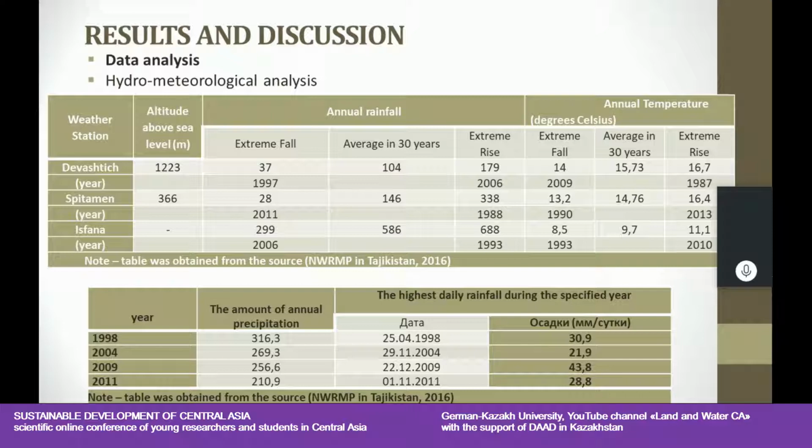In hydrometeorological analysis, we have found the extreme rainfall in the average of 30 years, and the same findings in temperature cases. Also from the nearest hydrometeorological station, the Khujand station, it was found the highest daily rainfall and yearly annual precipitation.